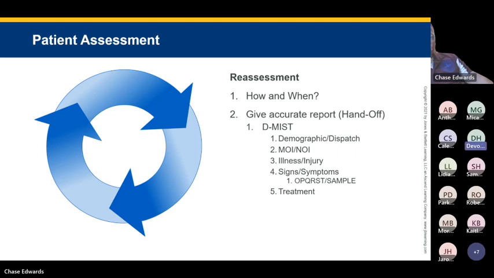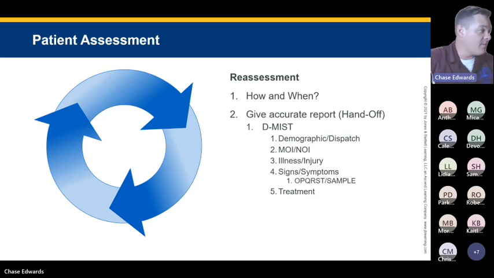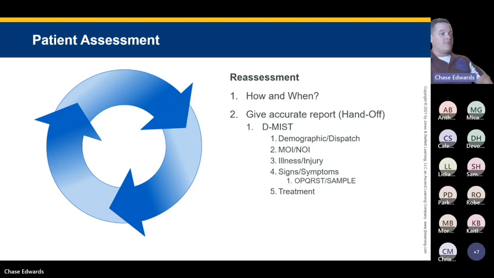Sorry, I'm blanking out right now. 26 breaths a minute. So his initial vitals that you took were 140 over 90. His initial heart rate was 110. He was 26 and wheezing for respiratory, and he was 92% on room air.